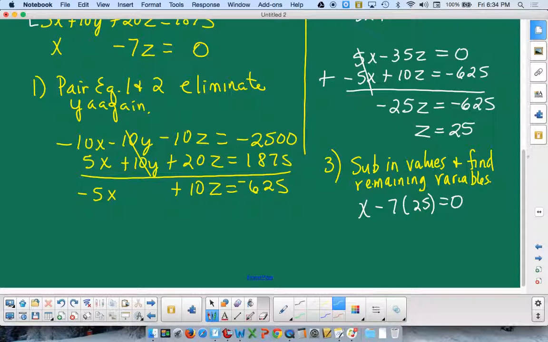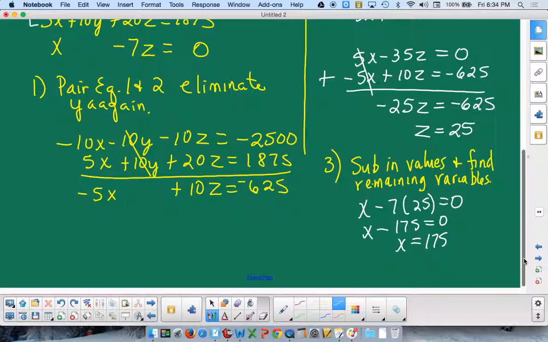Well, 7 times 25 is 175, so x equals 175. And remember, it was supposed to be 7 times as large, so if there's 25 $20 pieces, there's 7 times as many, or 175 $5 pieces.